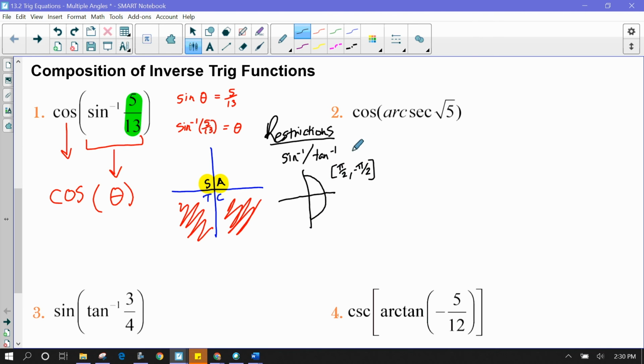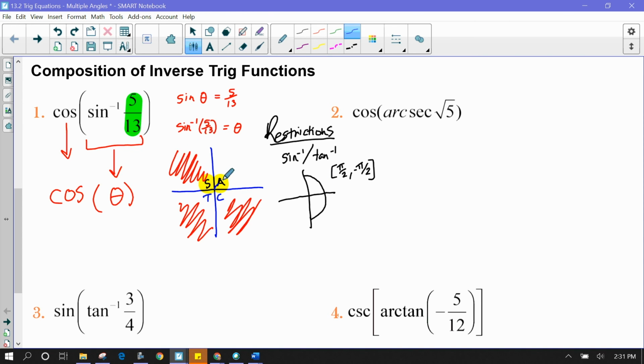Since I can't look in the fourth quadrant, I already crossed it off, it must be in the first quadrant. So I've narrowed it down.